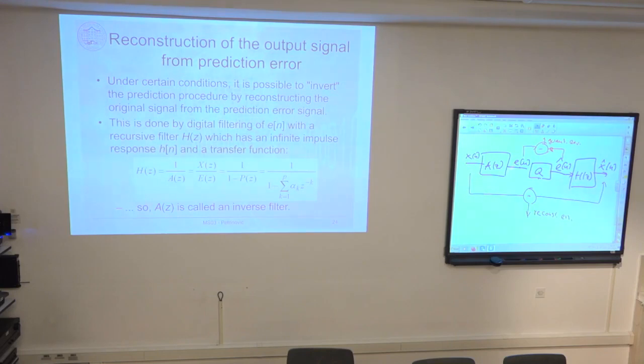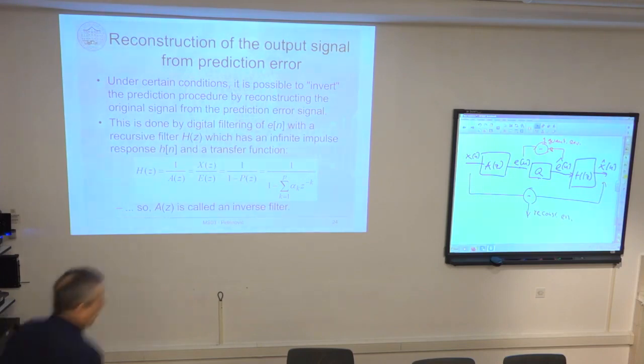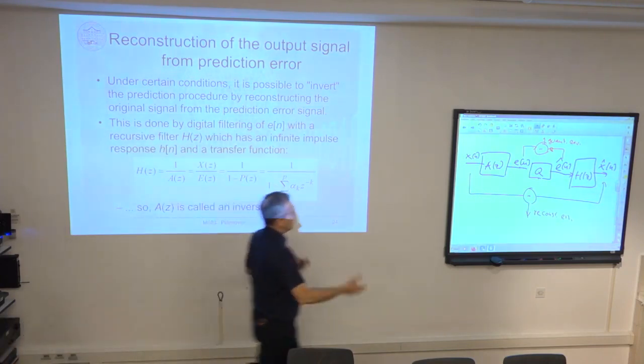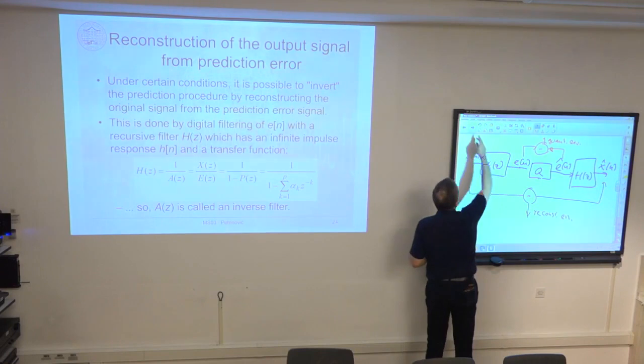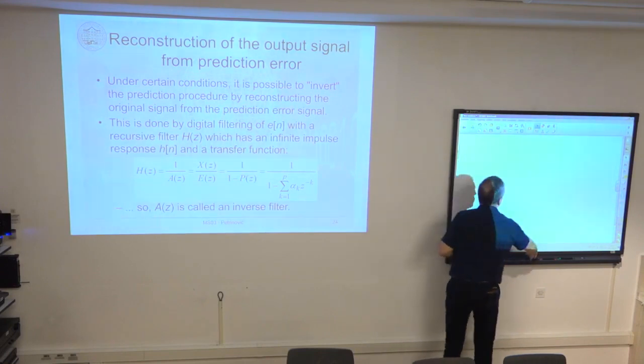Let's say that this A of z has certain roots, that means frequencies where this A of z is exactly 0. This A of z is actually a transfer function, and for some complex values of z, A of z is equal to 0. These characteristic frequencies are called zeros of the transfer function.